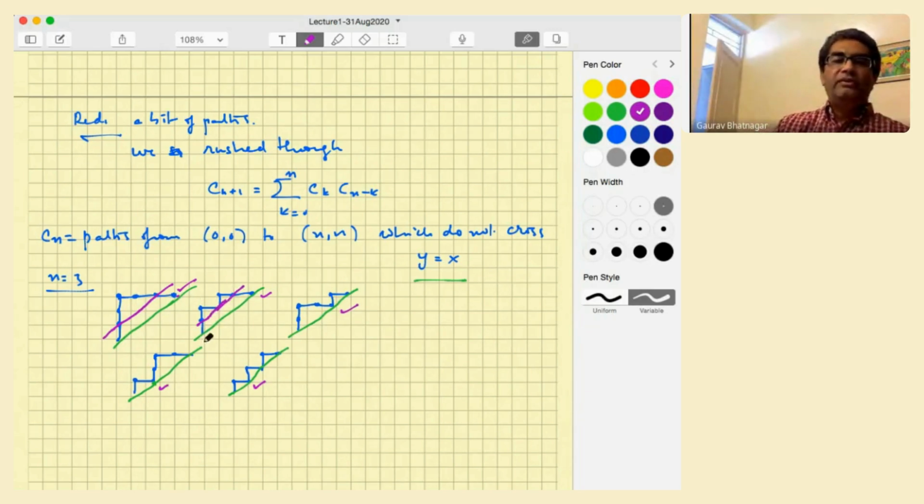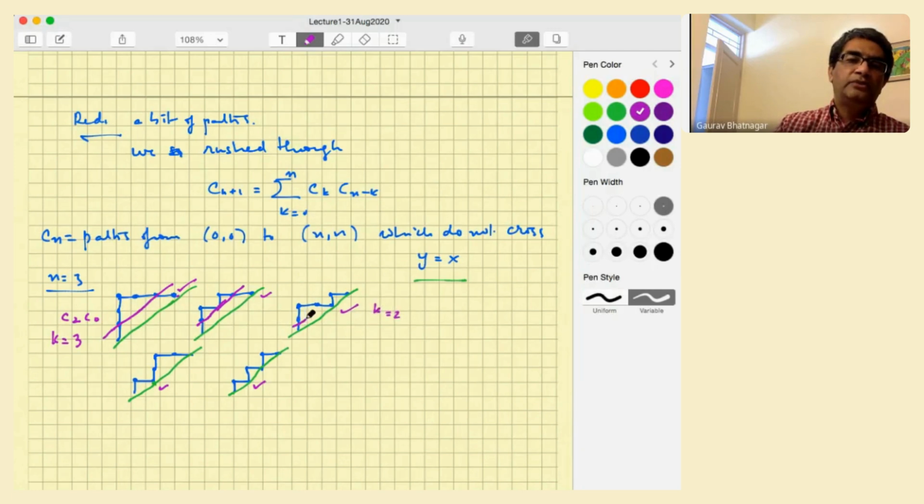So if this is the point where it touches, then these two correspond to C2 and C0, C0 being there's no path, and C2 being the paths over here. So this is touching at k equal to 3. This one is touching at k equal to 2.